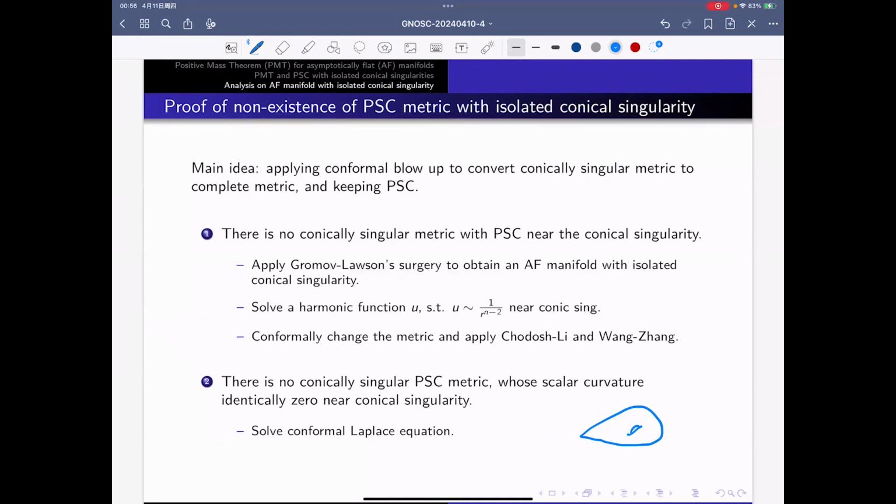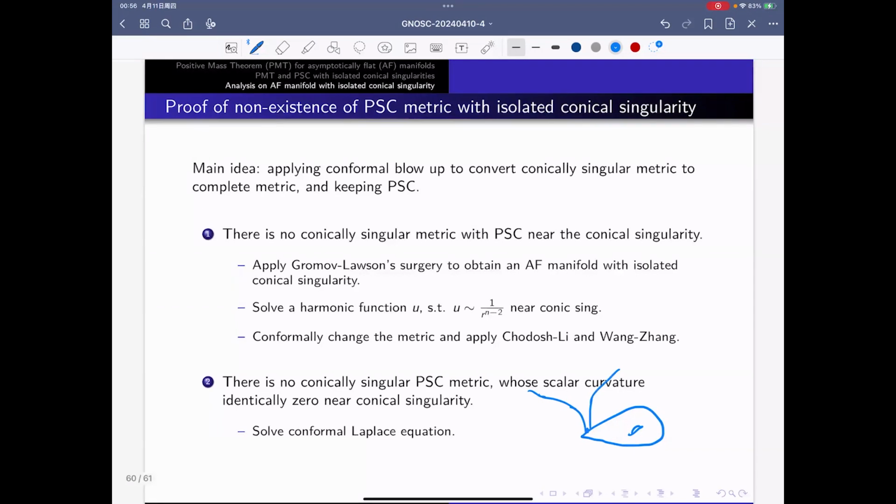Now, depending on the position where we do the surgery, we need to deal with two different cases. If the scalar curvature is strictly positive near the conic singularity, then we can just do the surgery, for example, here, and get an asymptotically flat manifold with conic singularity.